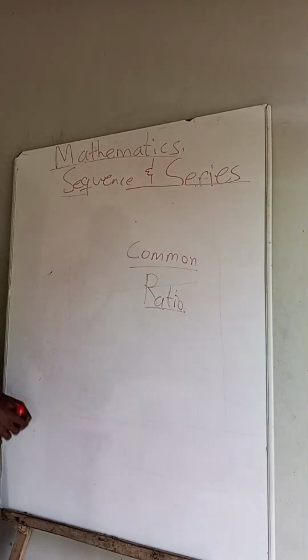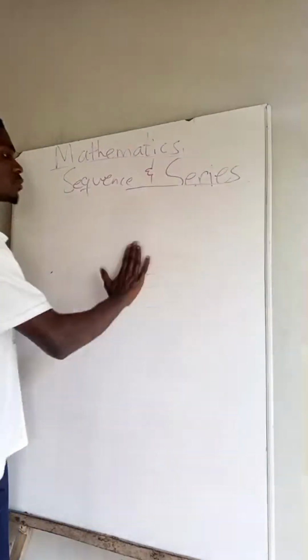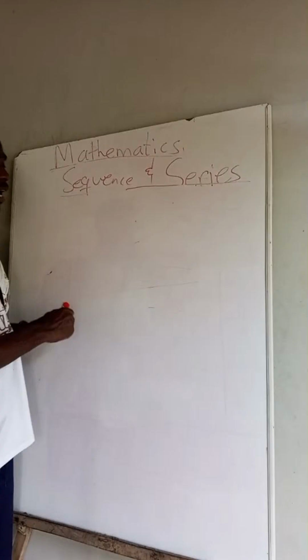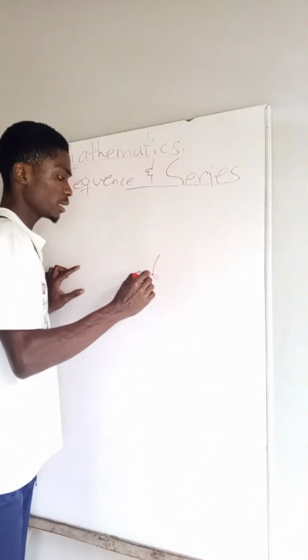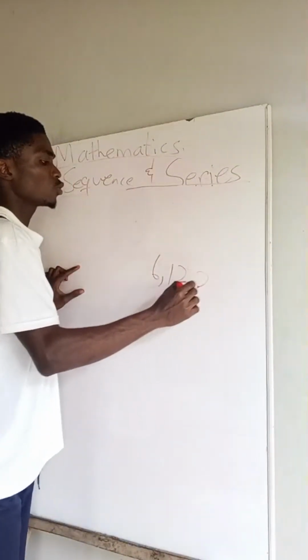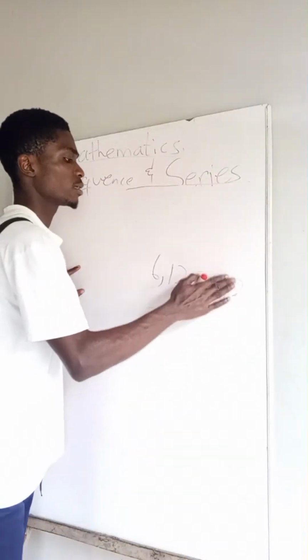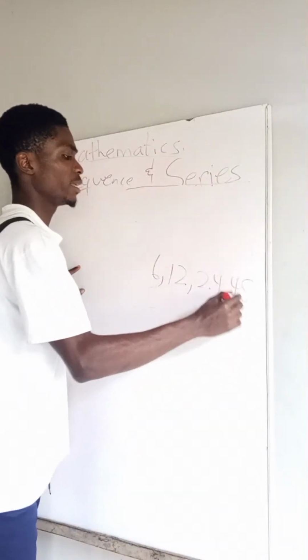So we can have something like this, for example: 6, 12, 24, 48.